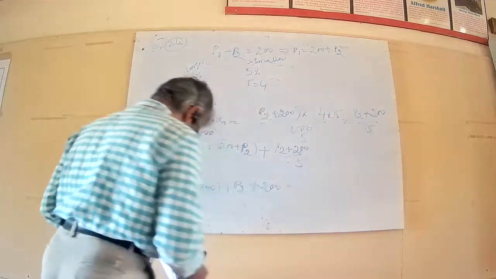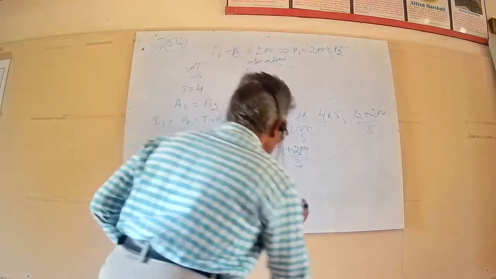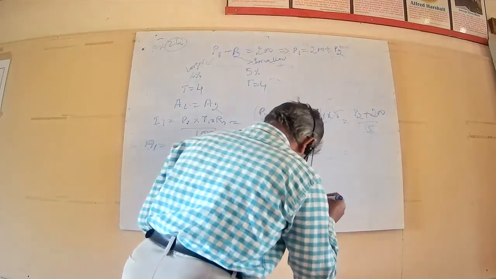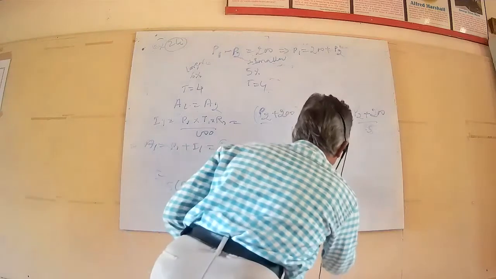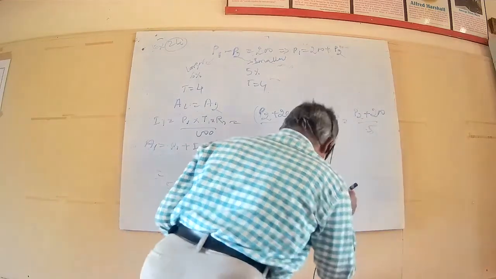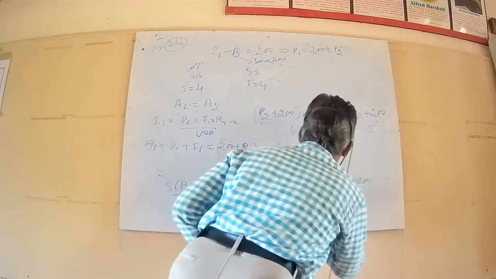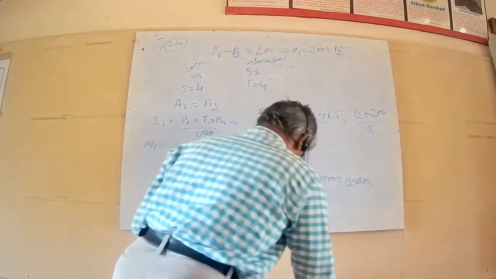That is equal to 5P2 plus 1000 plus P2 plus 200, divided by 5.